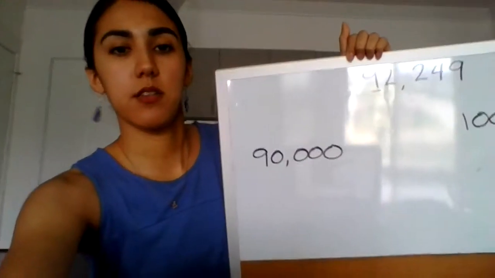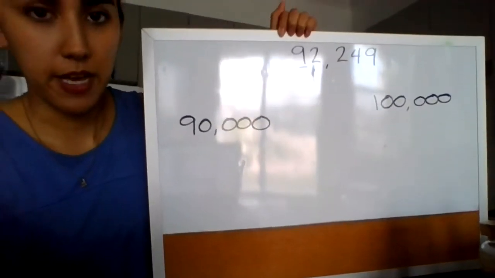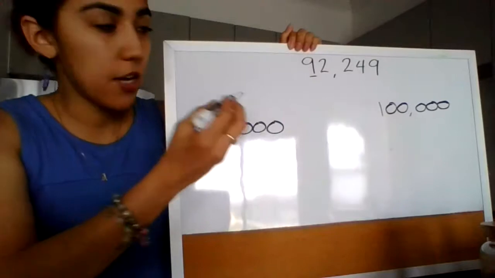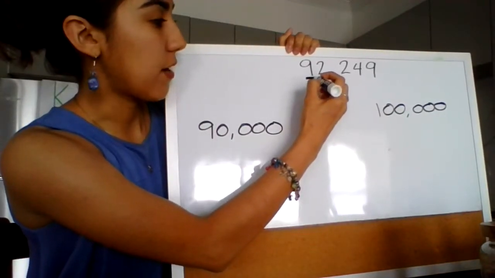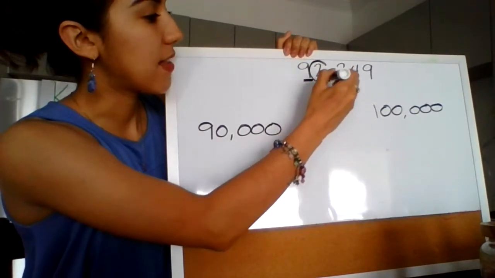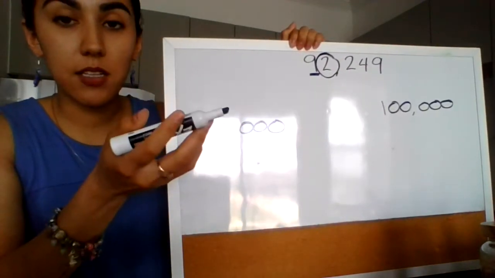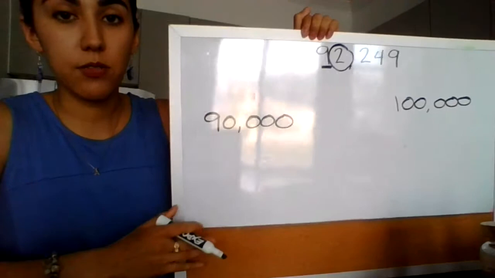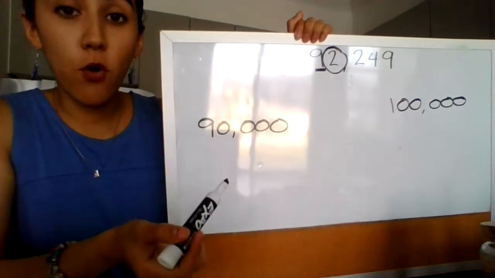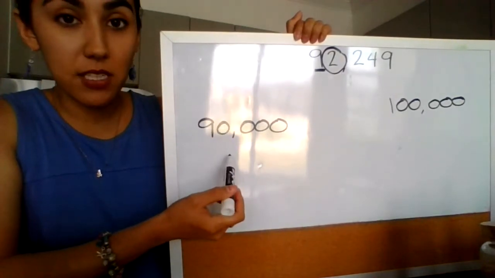Let me see. That glares really bad. All right. So we underline the place value they want us to round to, bam, and then we circle the number to the right. That number that we circle is going to tell us, are we going to round down or are we going to round up? So with the number that we circled, is it 4 or less, let it rest?